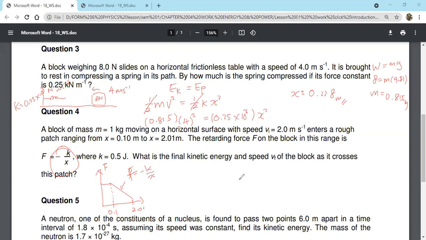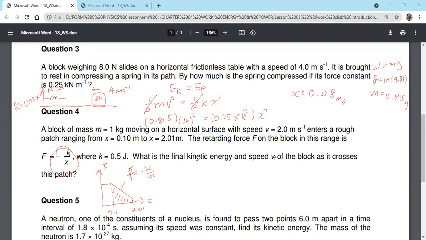What is the final kinetic energy? This is x, right? Actually, we wish to find the area under the graph.